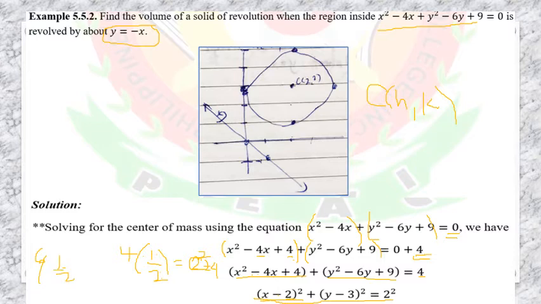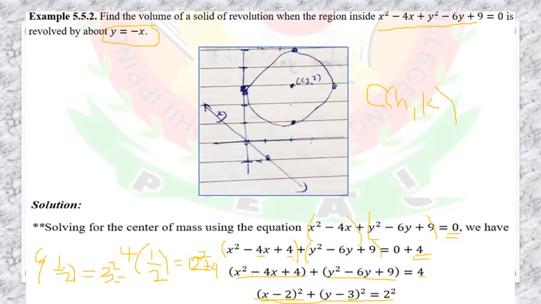Okay? 6 times 1/2 equals to 3. Bakit naging 3? 6 times 1 is 6 divided by 2 equals to 3. Kapag na-square, makukuha natin yung third term na 9.